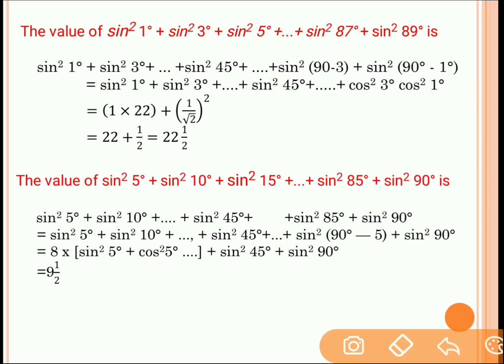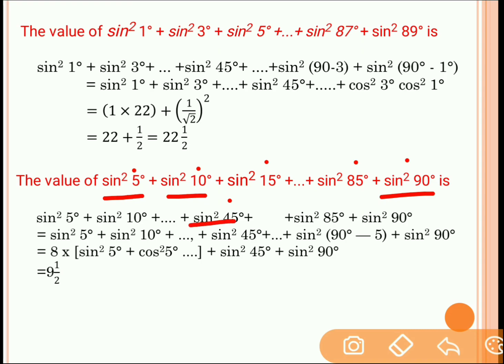Find the value of sin square 5 plus sin square 10 up to sin square 90. Now in this case, the angles are in multiples of 5. From this set of angles, there is one angle that is 45 degree, that is the standard angle. So we have to keep that angle as it is. So we can keep sin square 45 as it is.